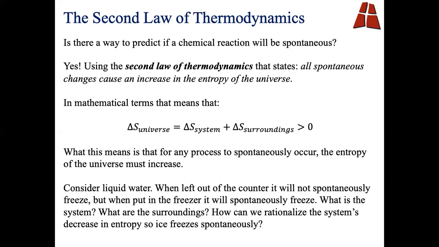And so in that case, the entropy of the universe increases because within our system, the entropy decreases, but we get a greater increase in the entropy of the surroundings as heat is moved out of the liquid water into the surroundings, which would be ultimately out of the freezer and into, say, our kitchen. Okay? So that would be an example of the system and the surroundings both leading towards an ultimate increase in the entropy of the universe.